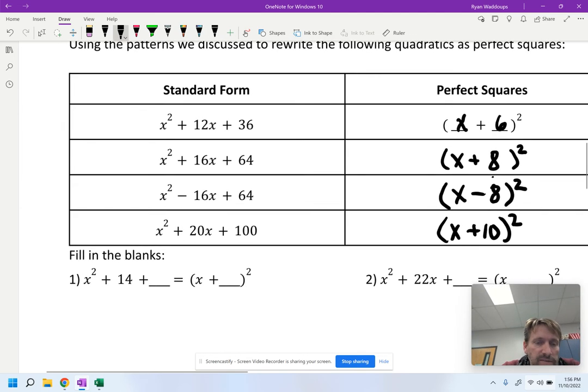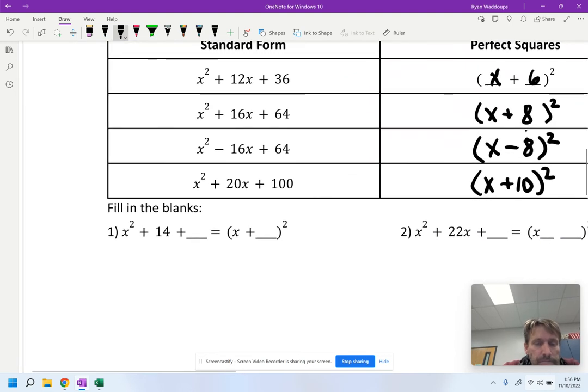All right. Let's see, fill in the blanks here. This should say 14x, sorry. x squared plus 14x plus blank. Well, half of 14 is 7, so I take 14, divide by 2, and that gives me 7.